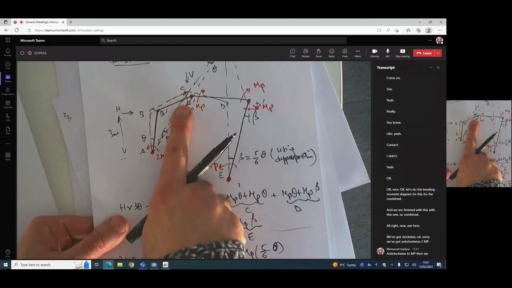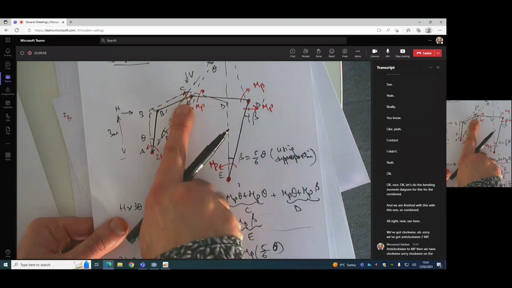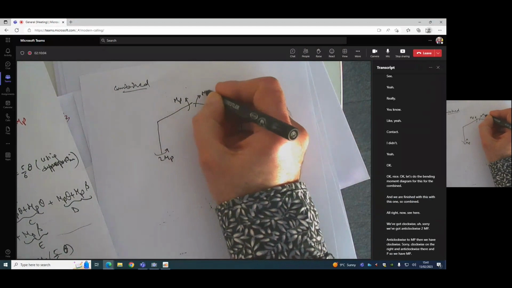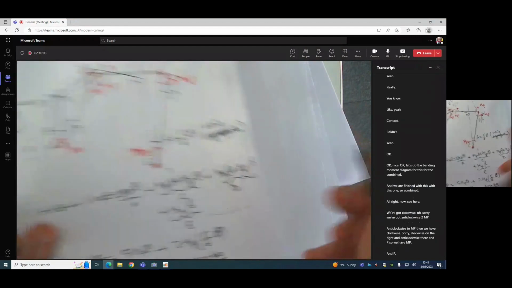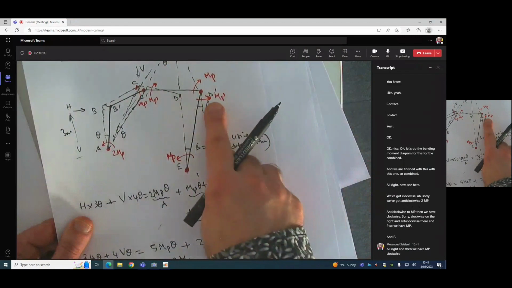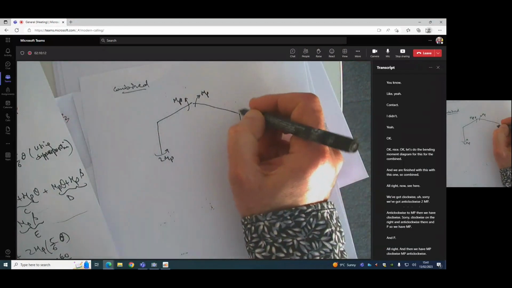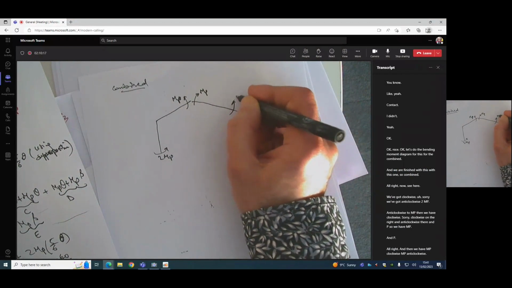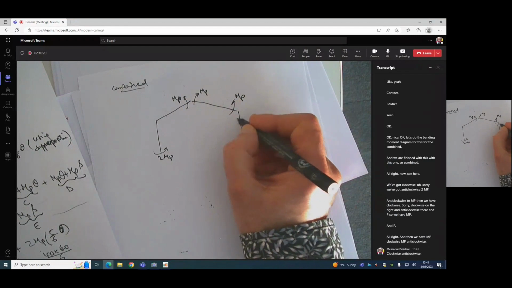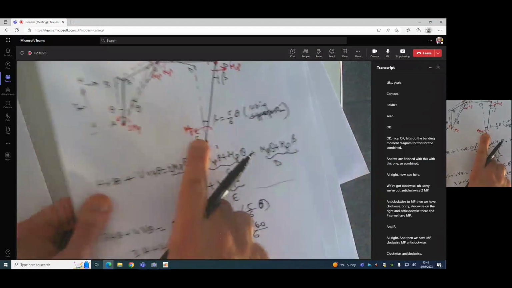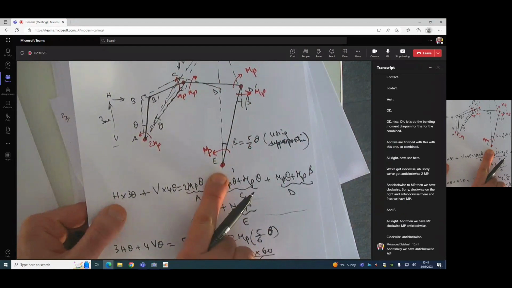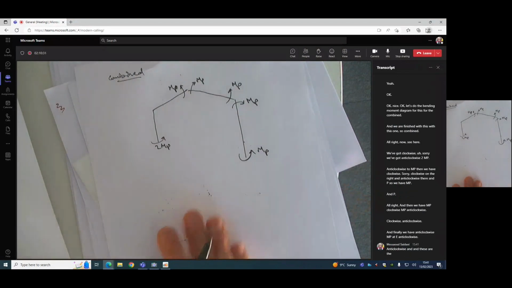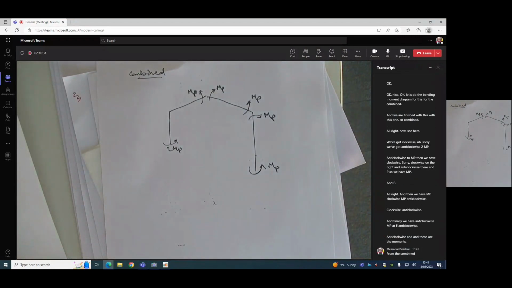Then we have clockwise on the right and anti-clockwise there, MP. And then we have MP clockwise, MP anti-clockwise. And finally, we have anti-clockwise MP at E. And these are the moments from the combined mechanism, okay?